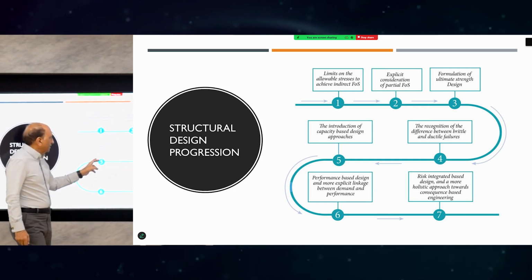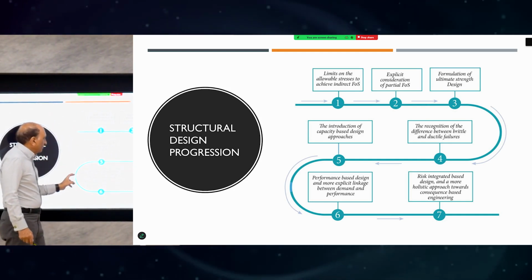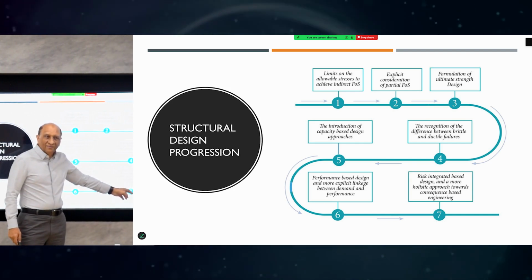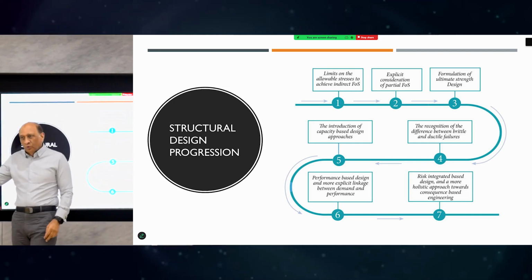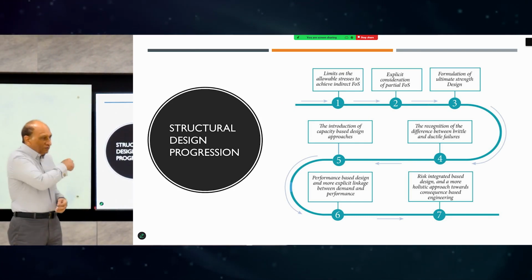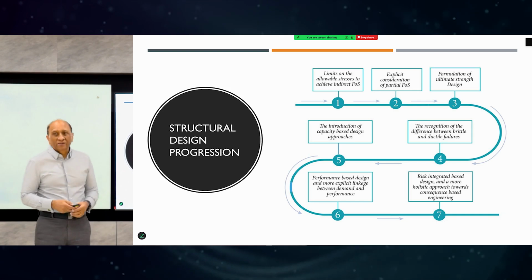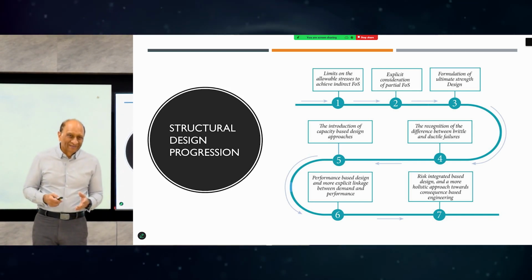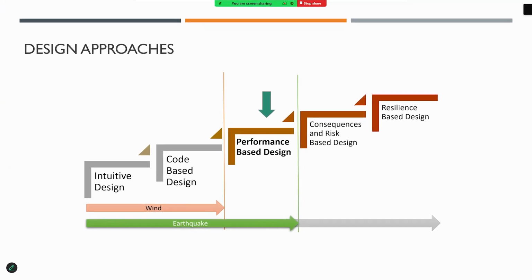Then capacity-based design came because of that, and then from there performance-based design, and then now after that risk-based design, many other methods. So gradually over the period in last 100 years, we have gone through many cycles of different ways to do things, every time becoming more complicated than the previous one. So these are the design approaches that we have gone through.